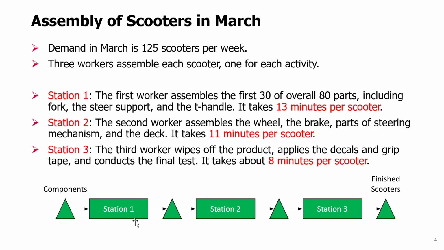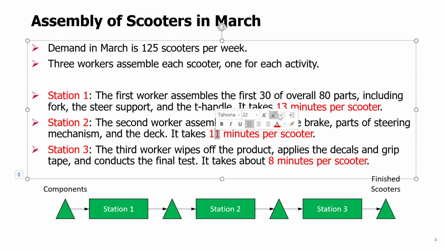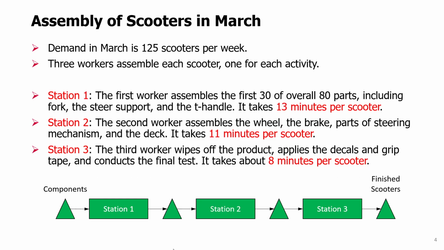Now, what if the bottleneck was not on station 1, but on some later station, let's say on station 2? And let's say station 1 would be taking 11 minutes and station 2, 13. This would be inverted, right? Then what would happen is station 1 could potentially produce scooters faster. But if it did that, it would just create a buildup of inventory here, right?